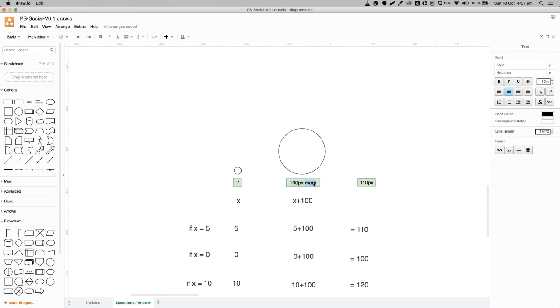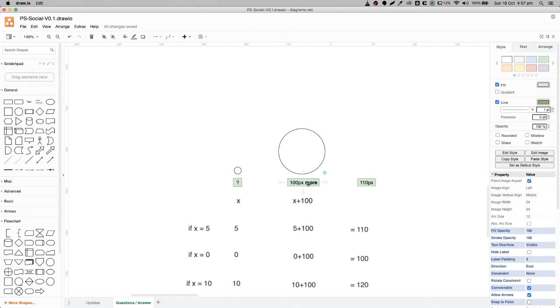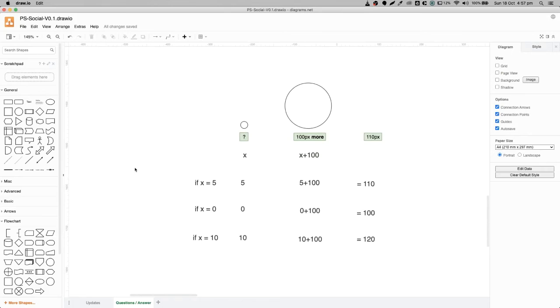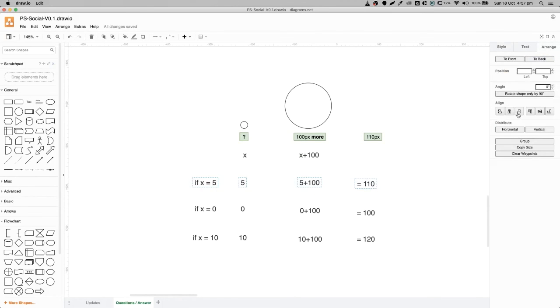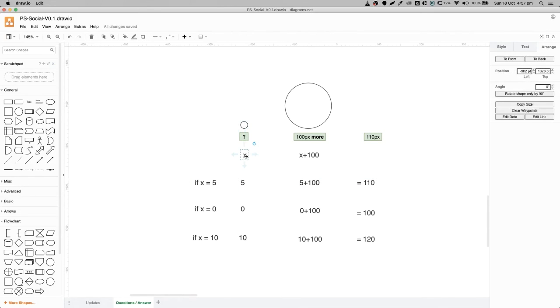Now remember, we still have the more part sitting in the question, that this ball should be 100 pixels more. Now explaining it from the same thinking angle, if I assume that this ball is x and this bigger ball is x plus 100, then the eventual answer needs to be 110. This is what the question wants me to satisfy.